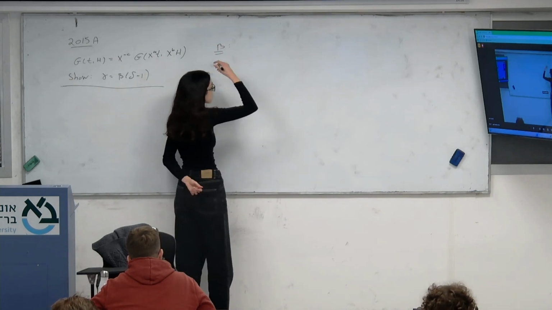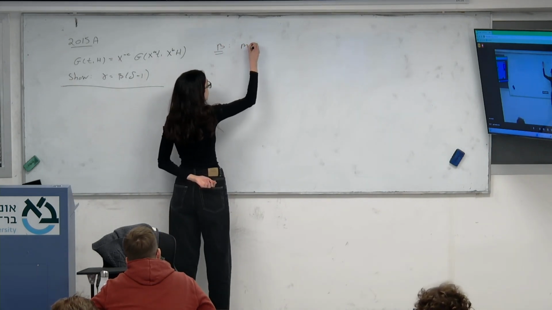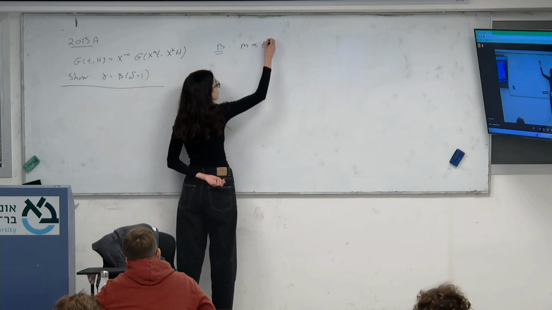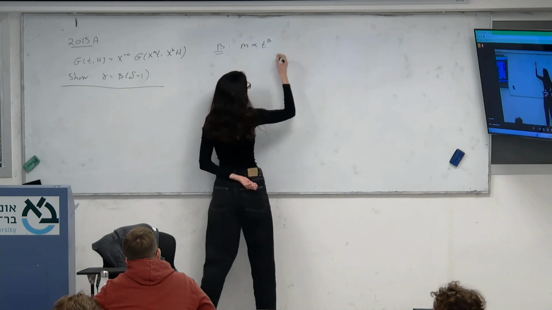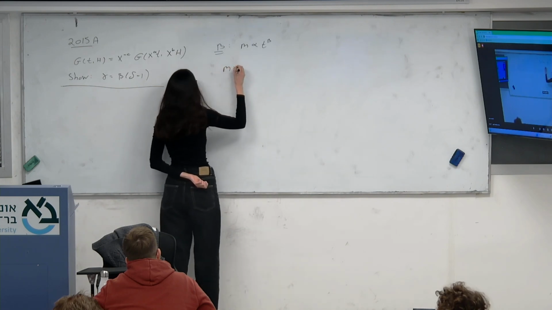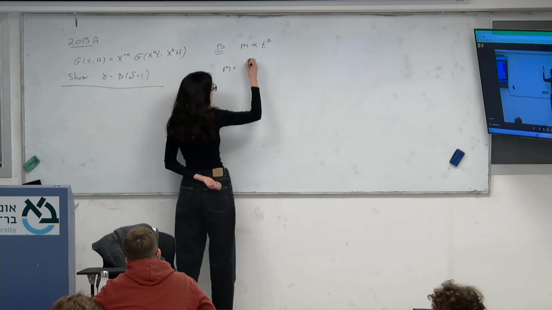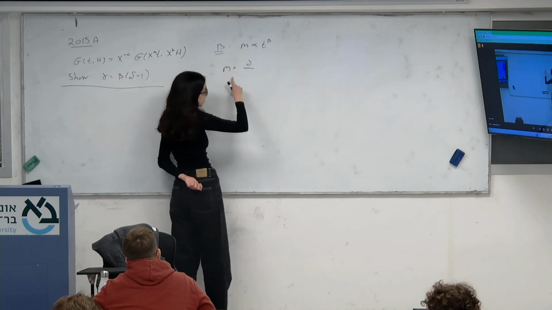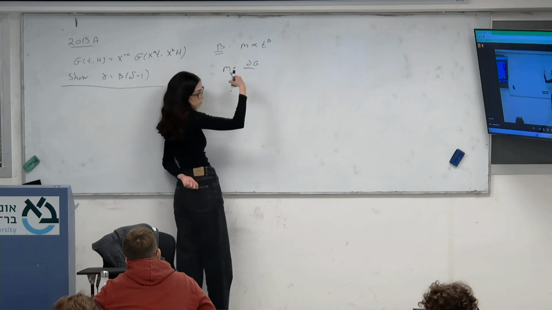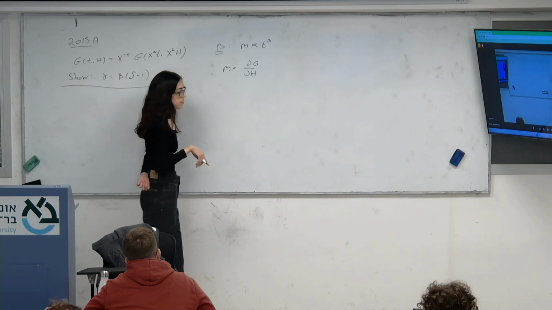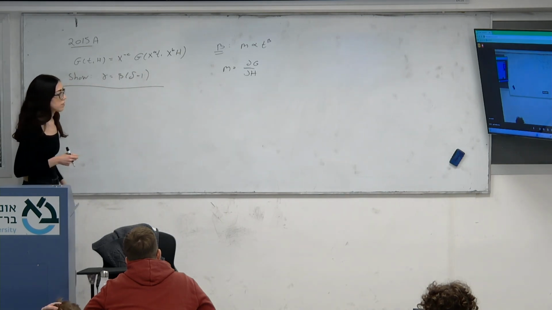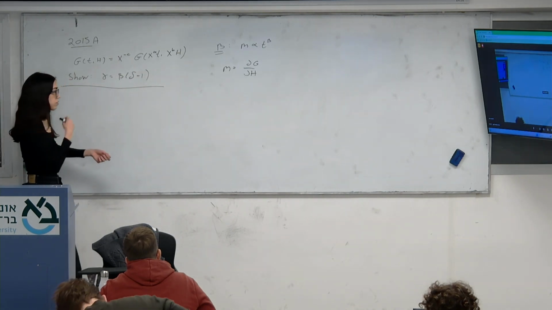So beta is the exponent of the order parameter. So this is with the temperature. And we know that we can write the magnetization as a derivative of the free energy with the magnetic field, and then we take either the magnetic field to be 0 or T to be 0.